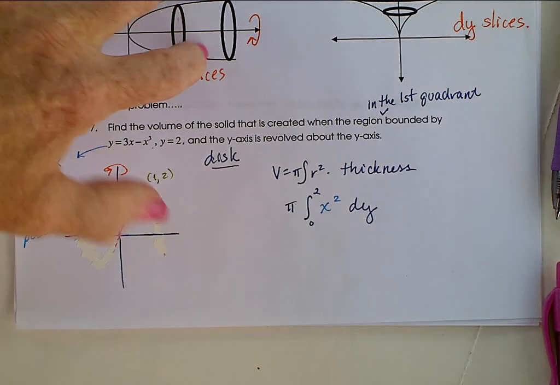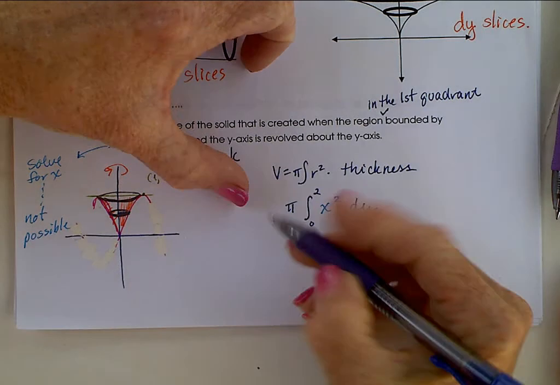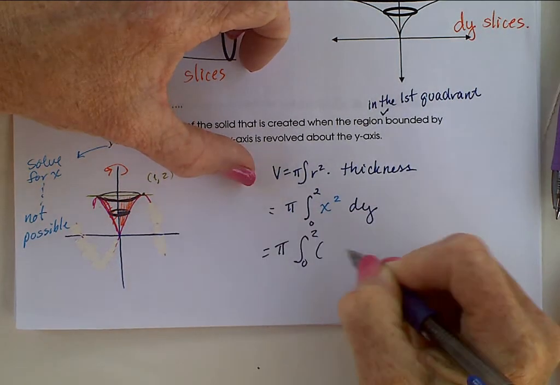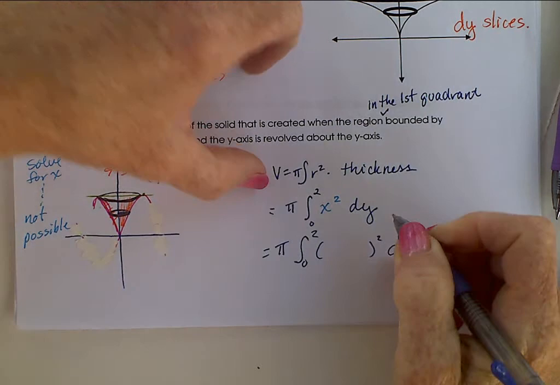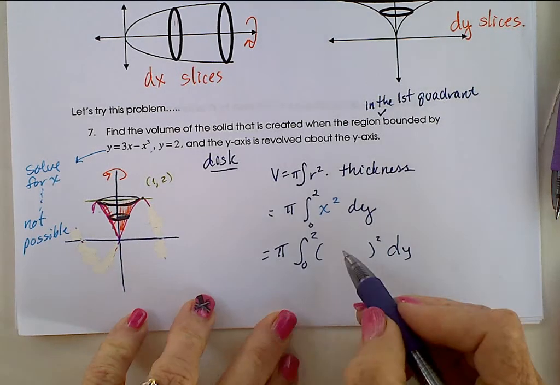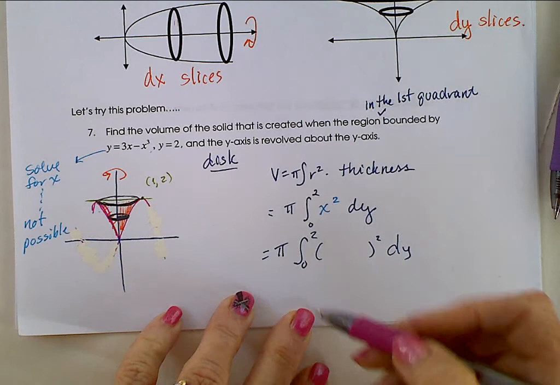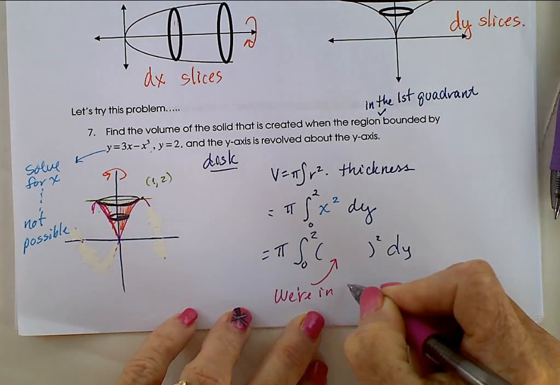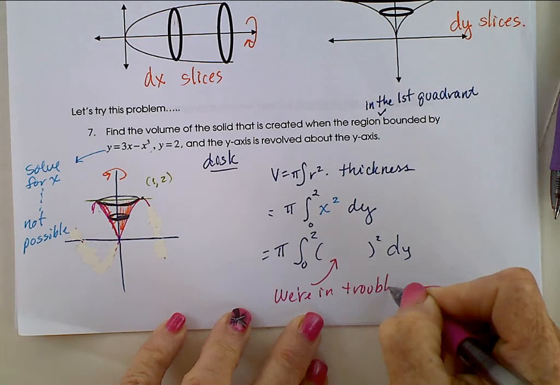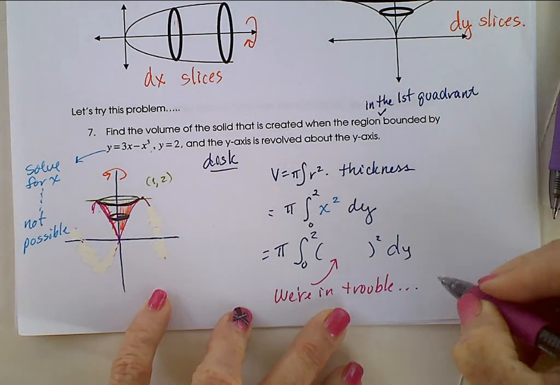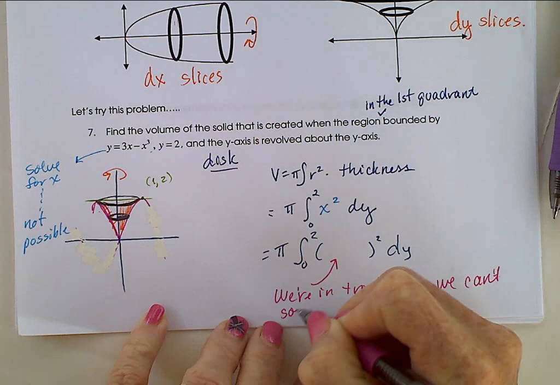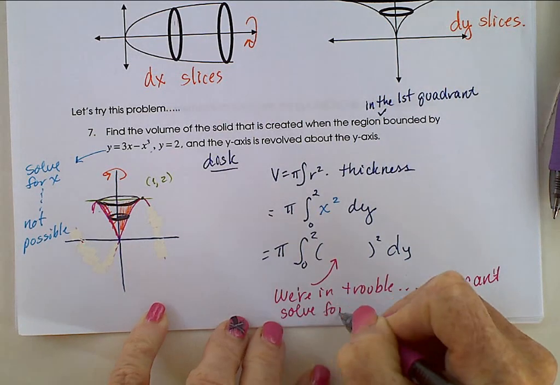So we run into trouble over here trying to find that volume because we can't solve for x. We're in trouble.